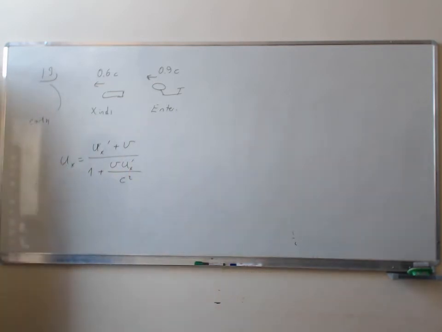Okay, so we have two reference frames. One is the primed reference frame, the other one is the unprimed reference frame. The primed one, so this is the standard configuration. This is figure 11, I think, in the book. So you might want to look it up to see what I'm talking about.